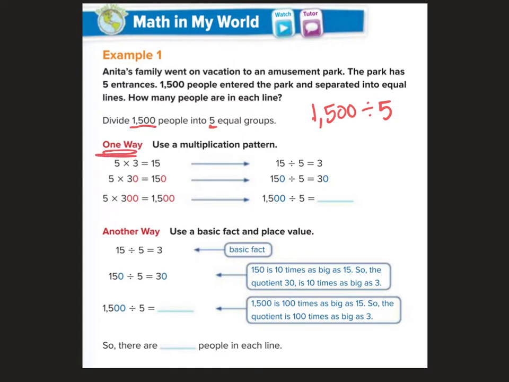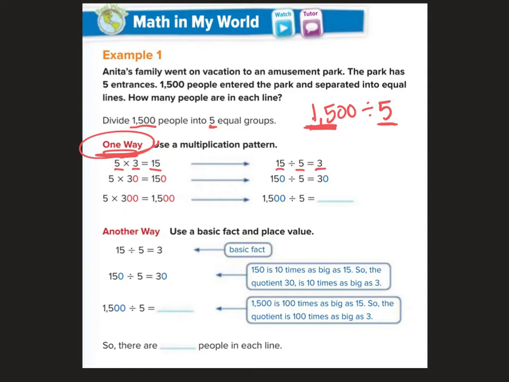Okay, so one way, is this the only way? No, one way is we can use a multiplication pattern. So I know that 5 times 3 is 15. Right? So therefore, I also know that 15 divided by 5 is 3.